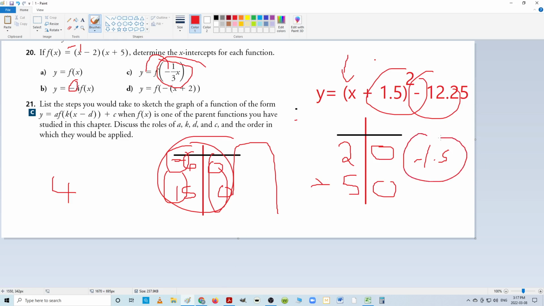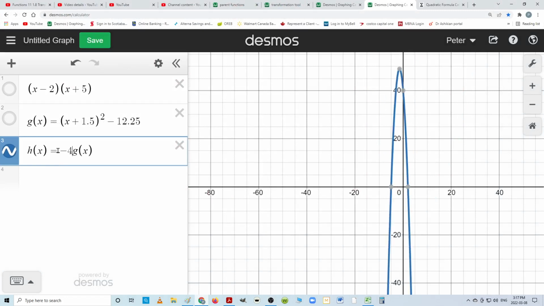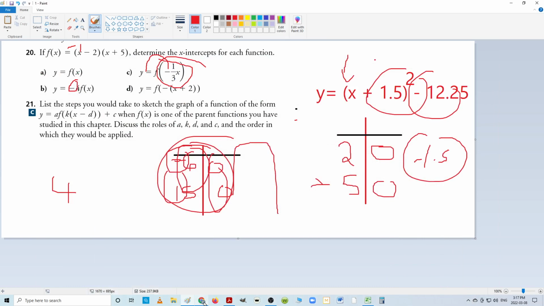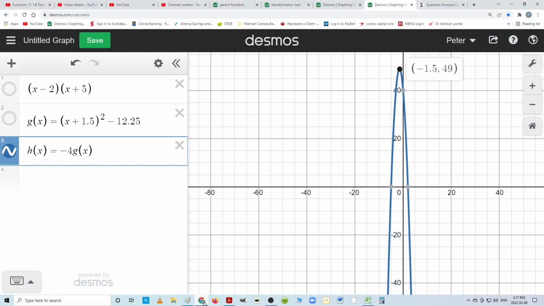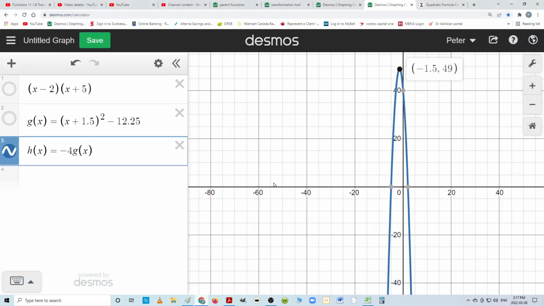So it's -1.5, positive 49, and goes through the same roots. Let's see if that's true. Yeah. So there you go. And look, it goes through the same original values.